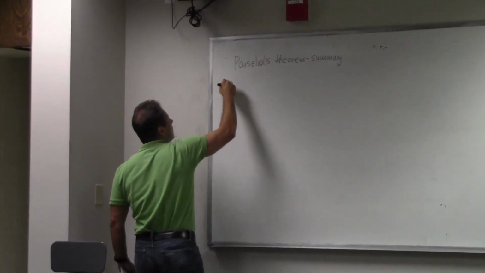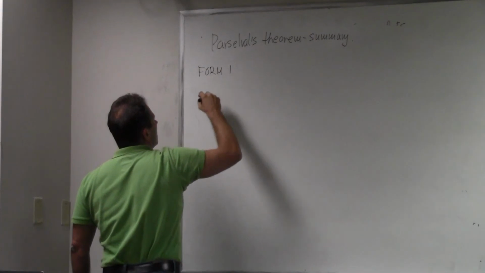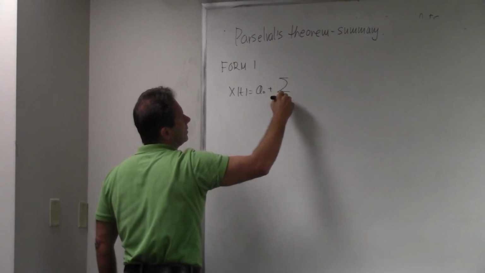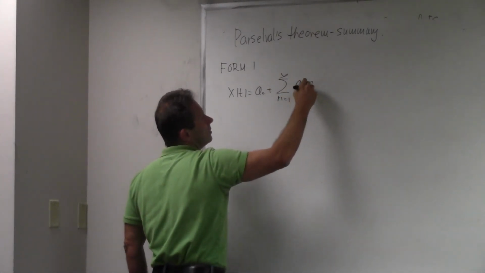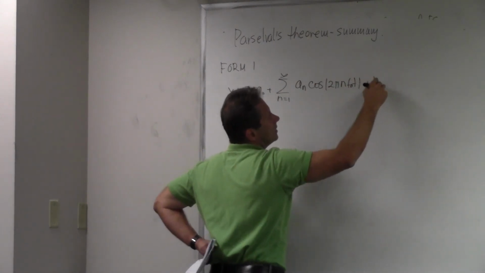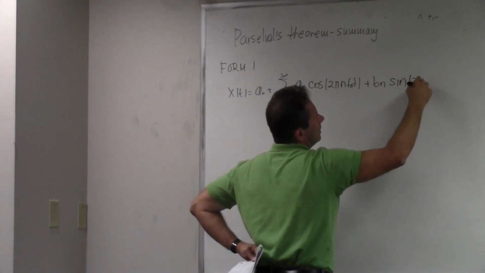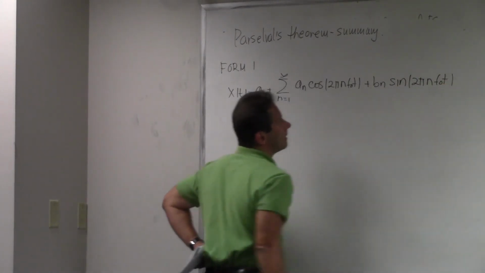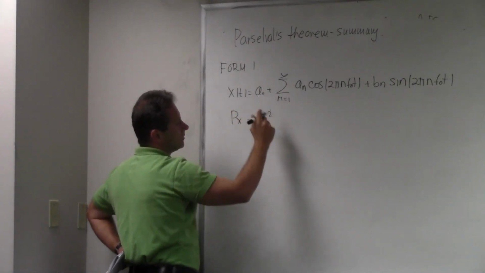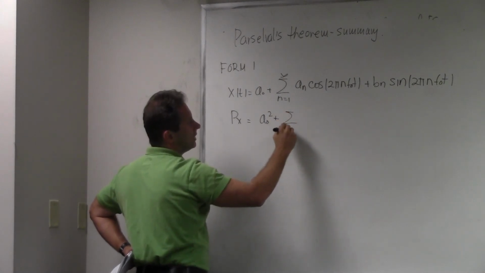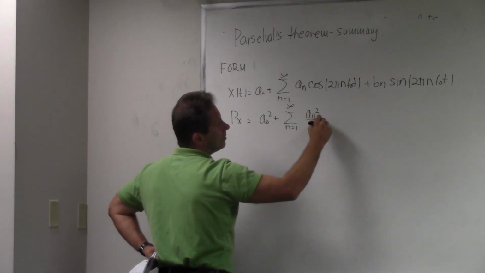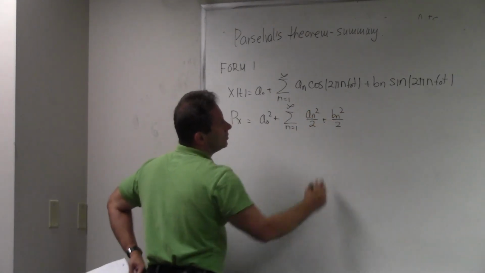If I look at form 1, x of t is given as a0 plus the sum, n from 1 to infinity, of an cosine 2 pi n f0 t plus bn sine 2 pi n f0 t. The power of the signal in this case is a0 squared, the power of the DC component, plus the sum, n from 1 to infinity, of an squared over 2 plus bn squared over 2.